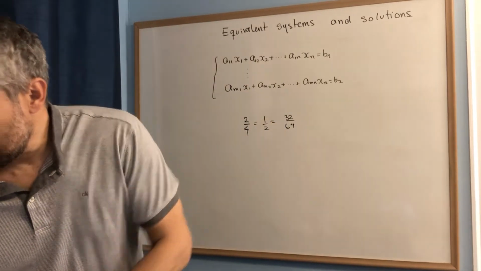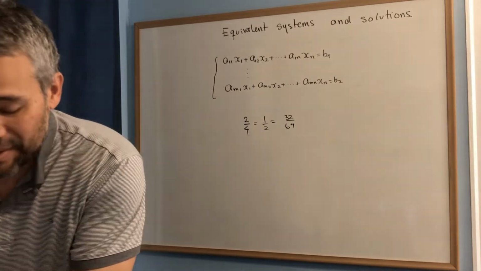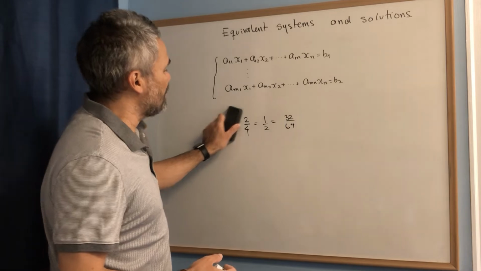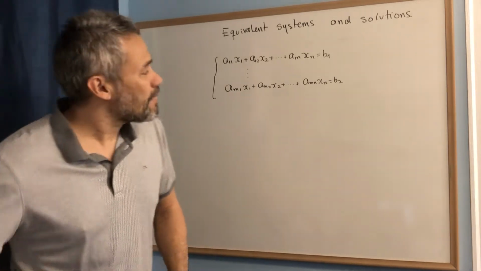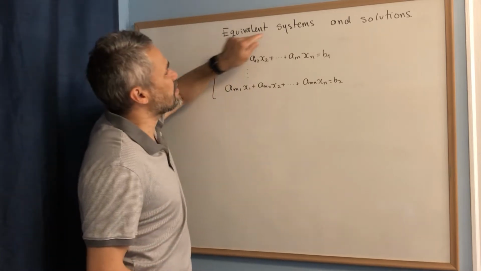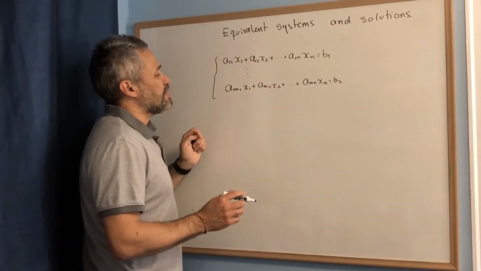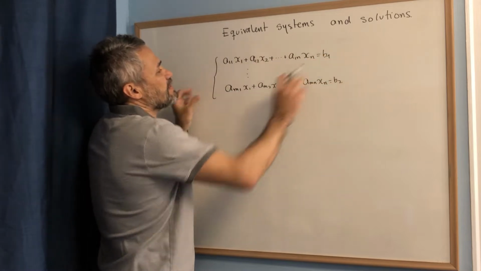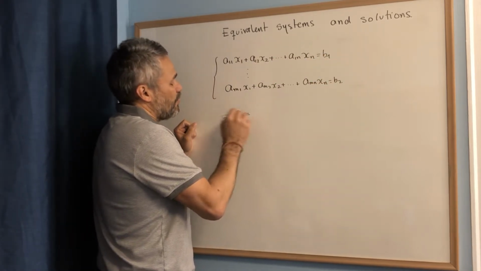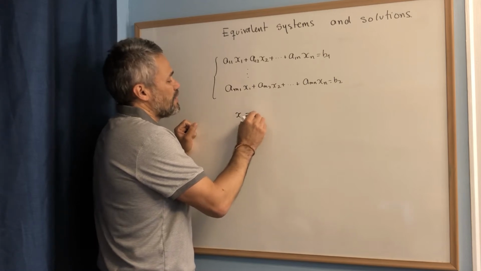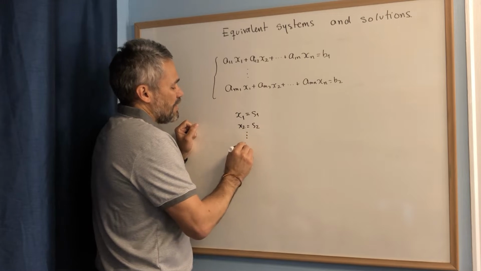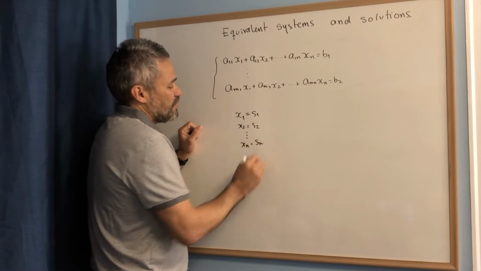We are going to say that two systems are equivalent if their solutions are the same, but we're going to be more clear about that. First of all, then, since we're going to explain equivalence of systems based on the solution, let me just say that if we have a linear system like this, if we have a solution, a natural way to write a solution is like x1 equal s1, x2 equal s2, and xn equals sn.